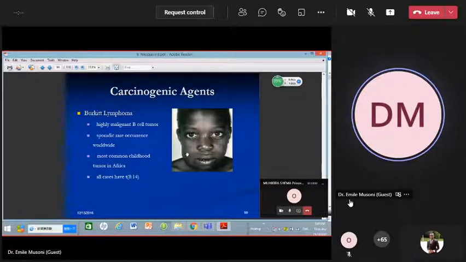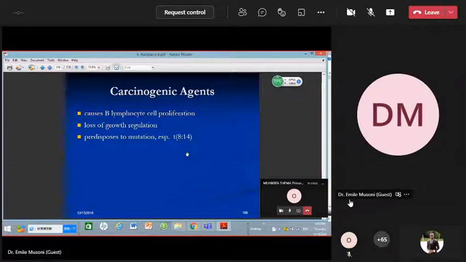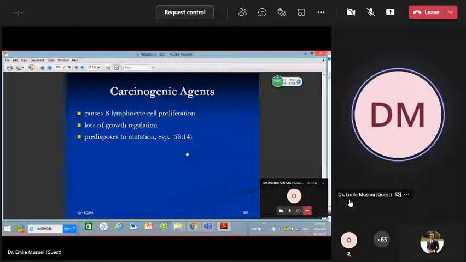In all cases, it has the translocation 8;14. They cause B-cell lymphocyte proliferation, loss of growth regulation, and predispose to mutation.